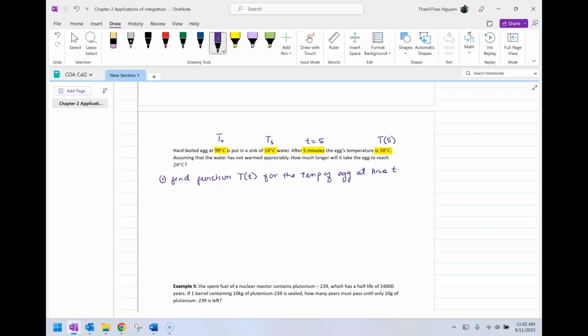I can set up the equation so that 38 equals the surrounding temperature plus the difference of the original temperature and the surrounding temperature times e to the negative k times t, that is 5.